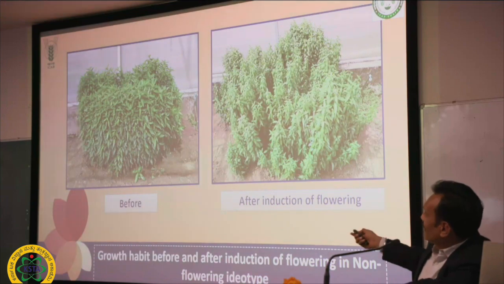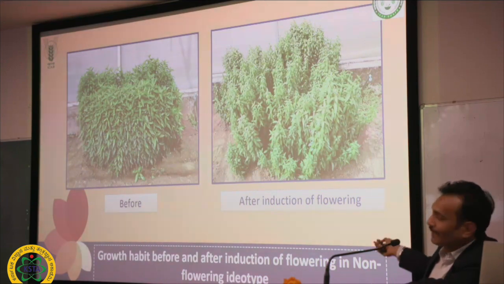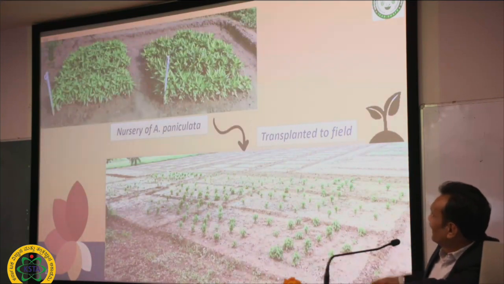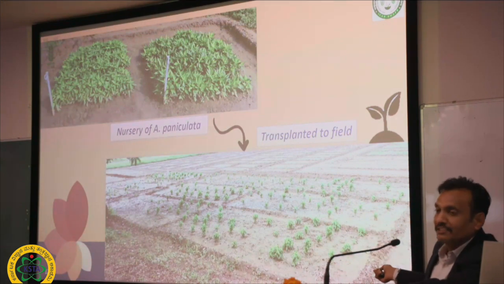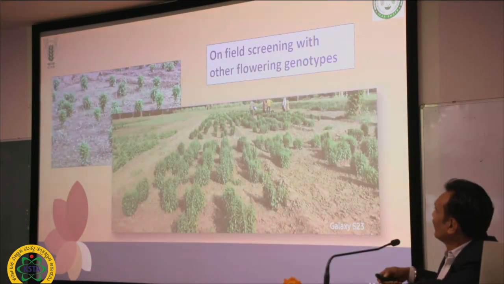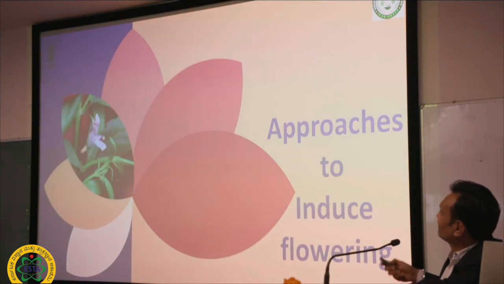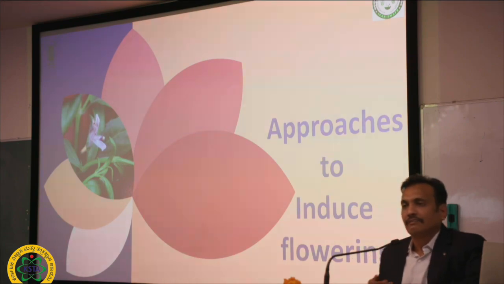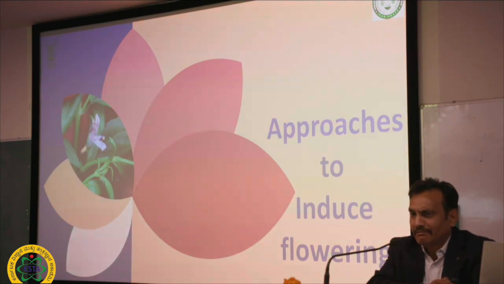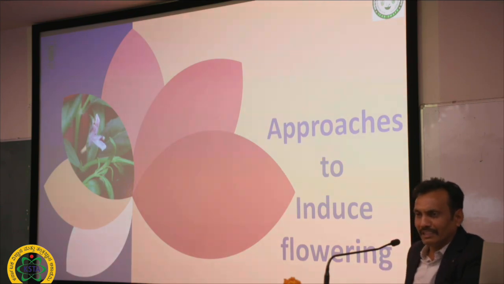We may see that after flowering, the plant type has changed. Nursery was prepared, and these seedlings were raised in field conditions, on field screenings. Then we tried to test whether our physiological intervention was really working across these 2000 plants or not.